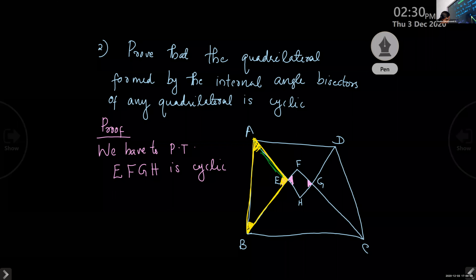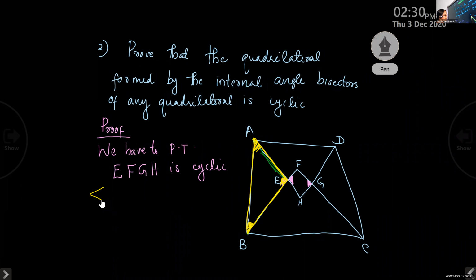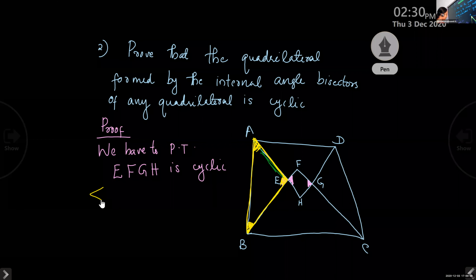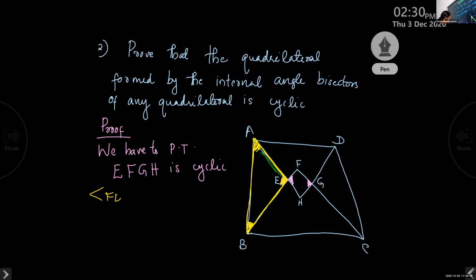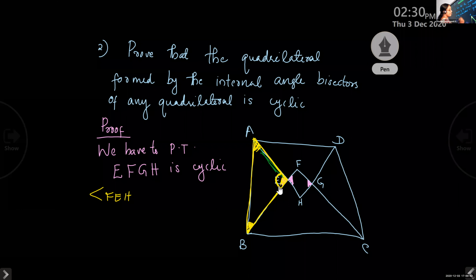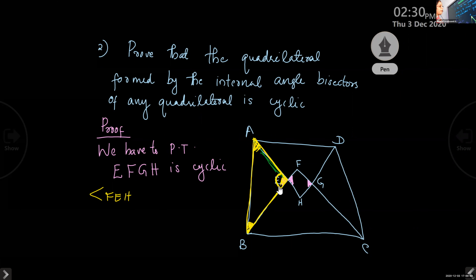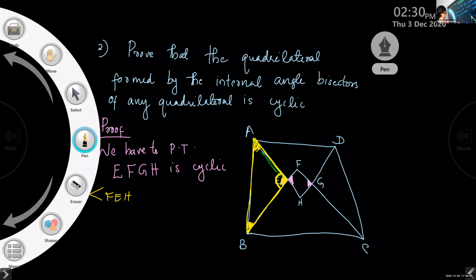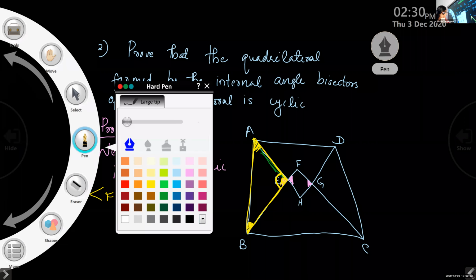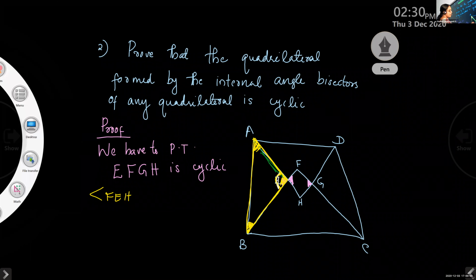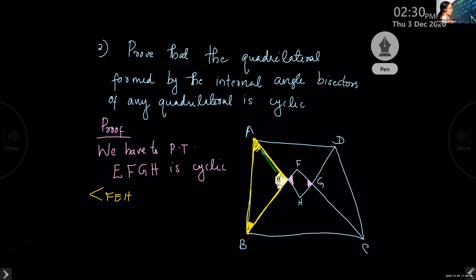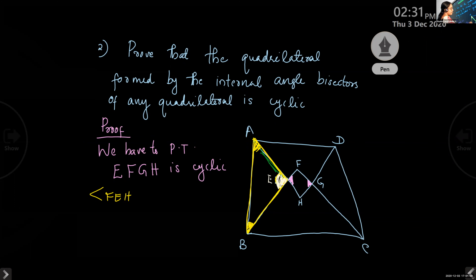We have to find angle FEH. This angle, children, FEH, the inside angle, we have to find.